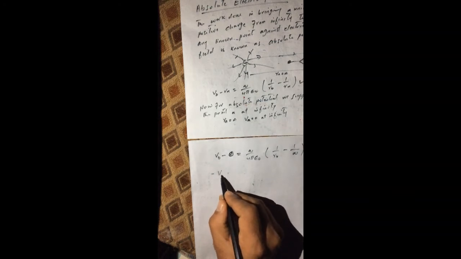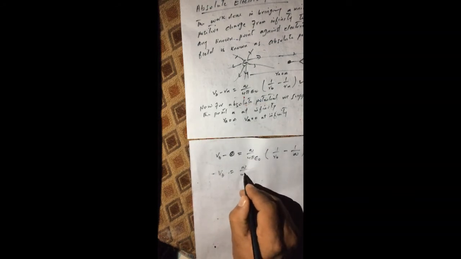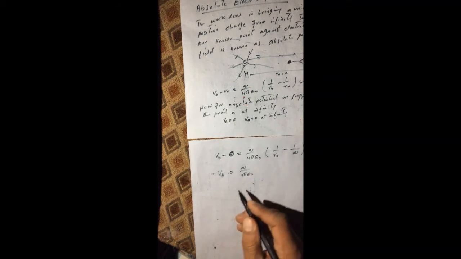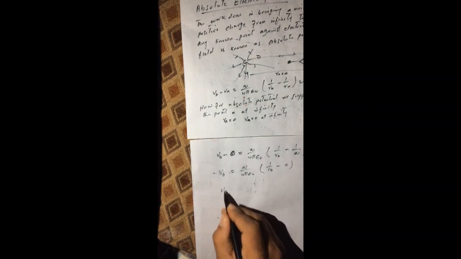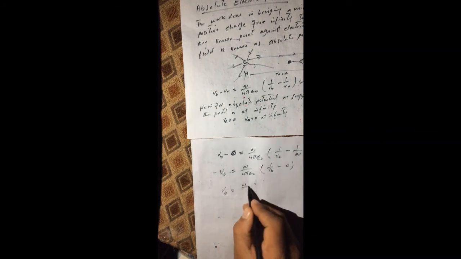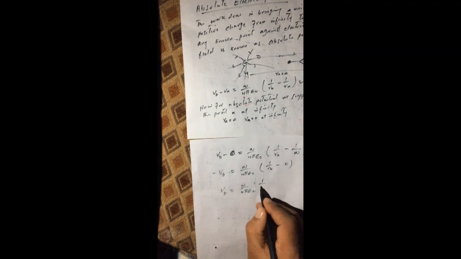So this will become VB, which is equal to Q over 4 pi epsilon naught times 1 over RB minus 0, because 1 over infinity is equal to 0. So VB is equal to Q over 4 pi epsilon naught 1 over RB.